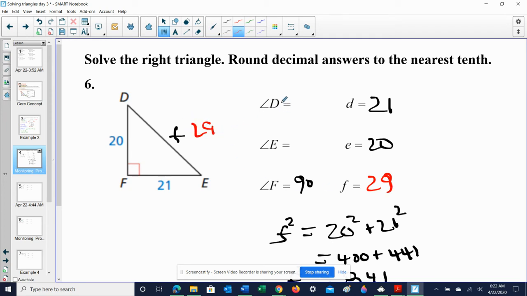Now I'm going to find angle D or angle E. Doesn't matter which one I find. I'm going to go for E, right above the 90. I'll use tangent again, only because I had those two numbers to begin with.